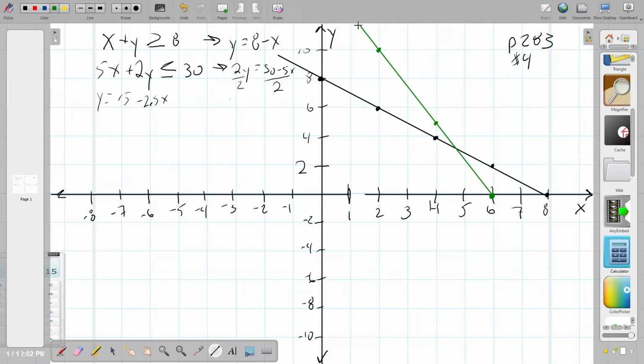All right, so now we want anything that is greater than the black one right here. Let's go for red. Greater than the black line or equal to, and less than or equal to the green line. So that's going to be everything in here.